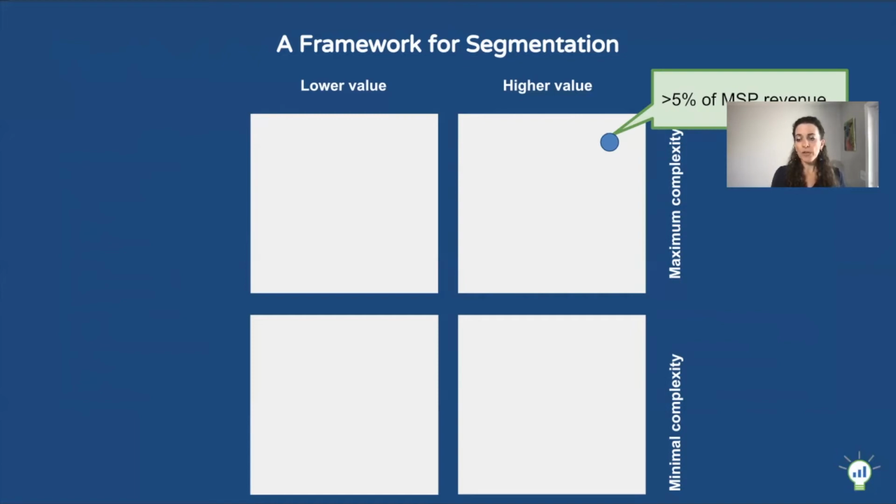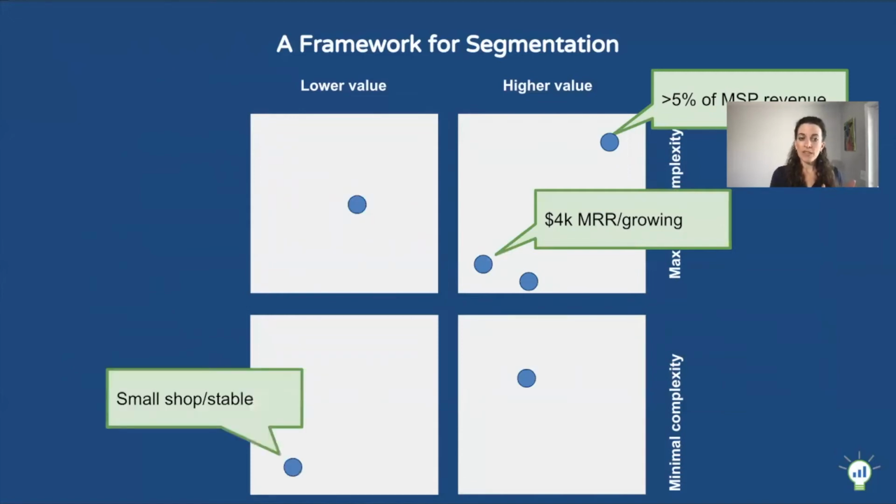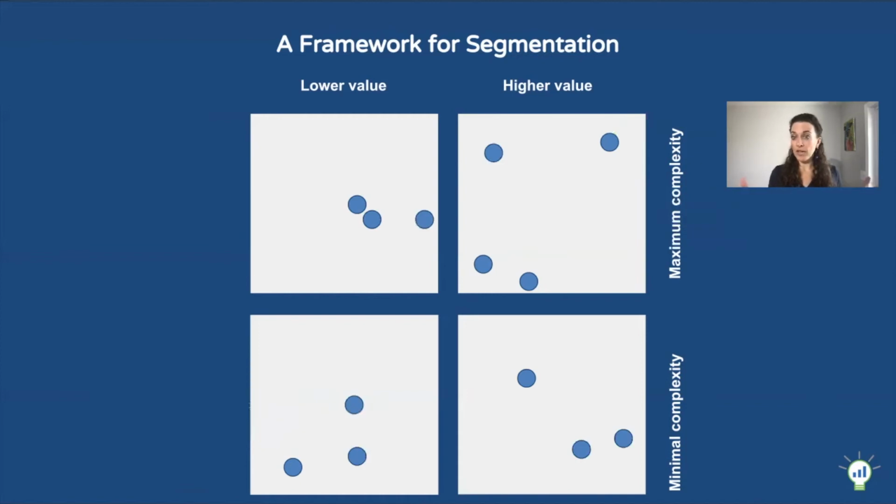So as you go through each client, you can really categorize where they fall in these quadrants. And I've got some small stable shops, maybe some break fix folks that are in that bottom quadrant that are stable, but if one starts to move toward higher value, maybe you look at ways to move them along.